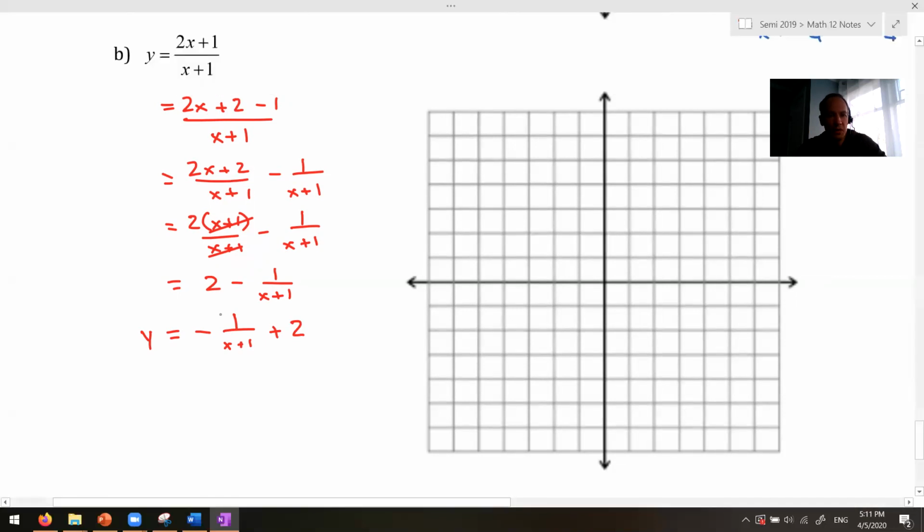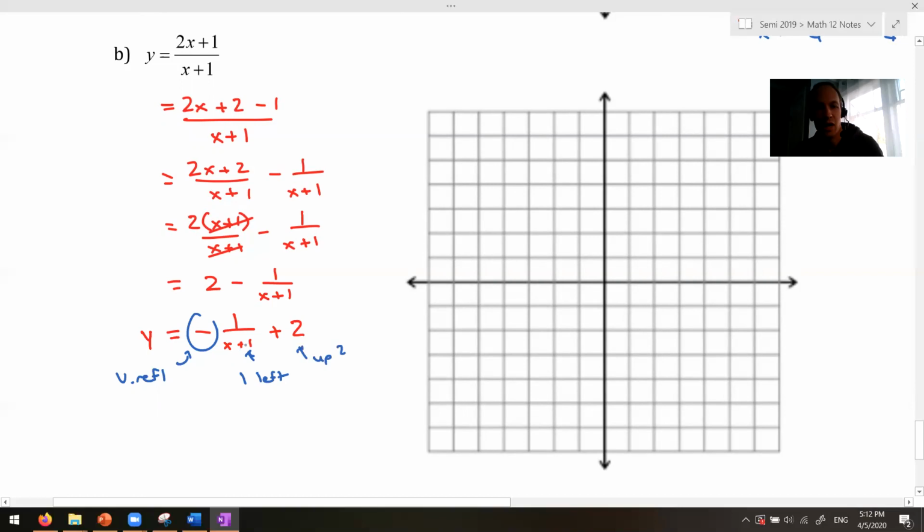You'll notice there's one big difference, and we've got this, which is a reflection. Because the negative sign is not with the x, we're going to treat this as a vertical reflection. This is 1 to the left, and then this is up by 2.